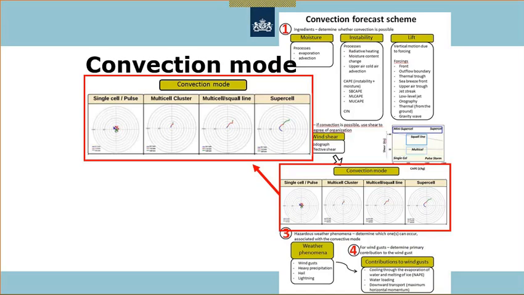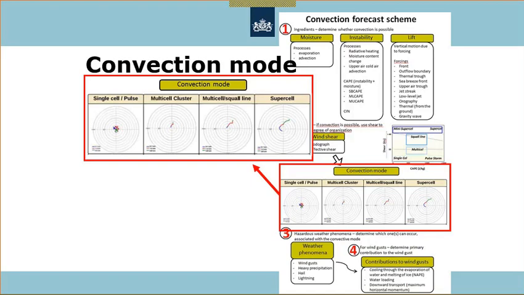It's a rough estimate based on empirical studies in the United States, but we more or less copied this scheme, and we checked it with a lot of convective cases in the last 15 years in Europe and also in the Netherlands, and we found out that this type of scheme is useful for Europe as well. You can see on the y-axis the vertical wind shear, and on the horizontal x-axis the amount of CAPE.